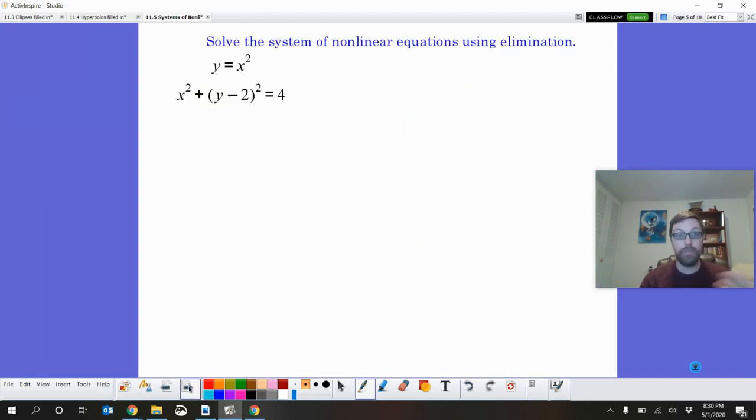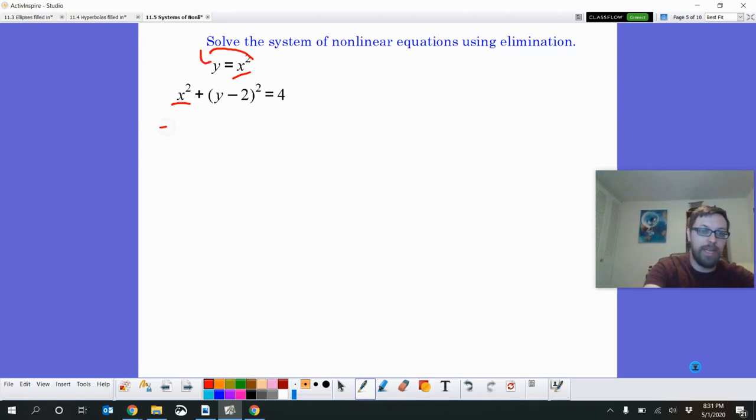So let's try it out. Let's do a little elimination problem. I want to solve this using elimination, so I want to get these x squareds to cancel out. I'm going to get them on the same side of the equation, so I'm going to bring this one over.